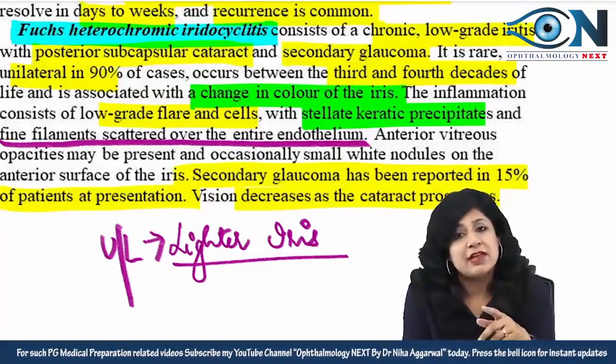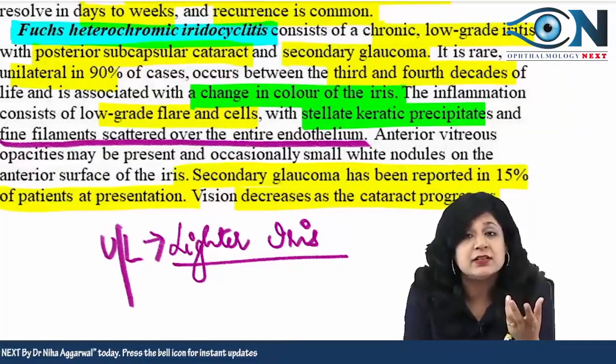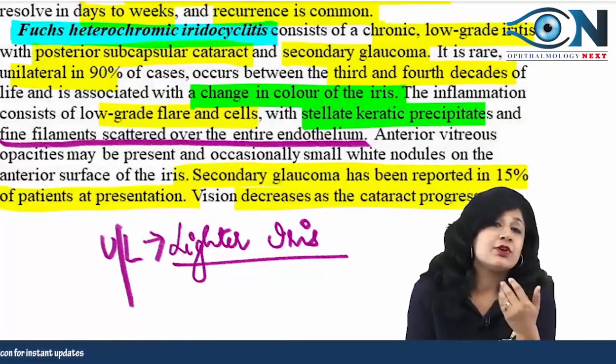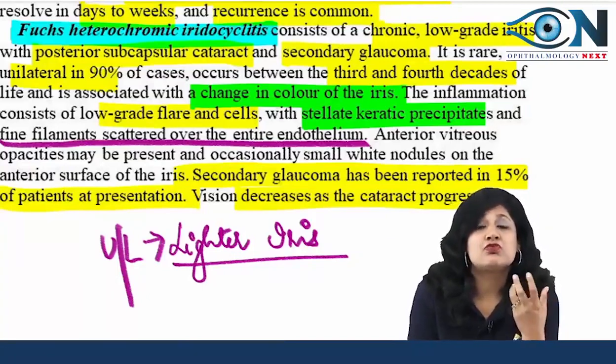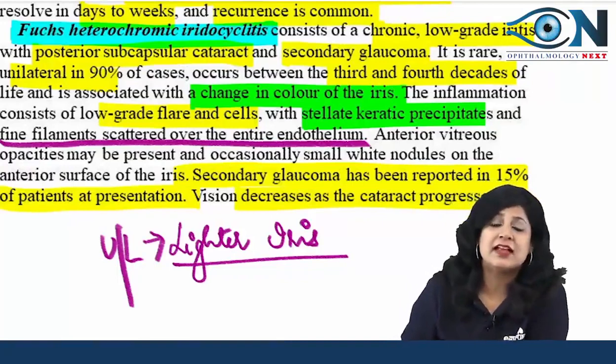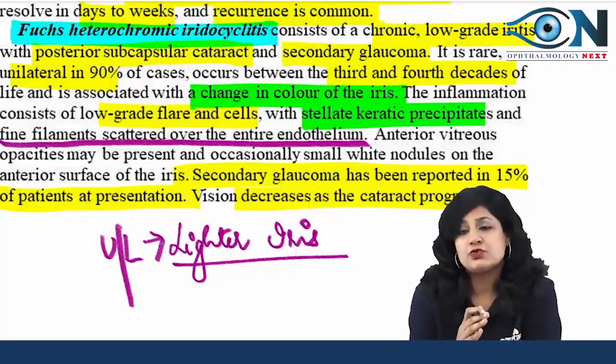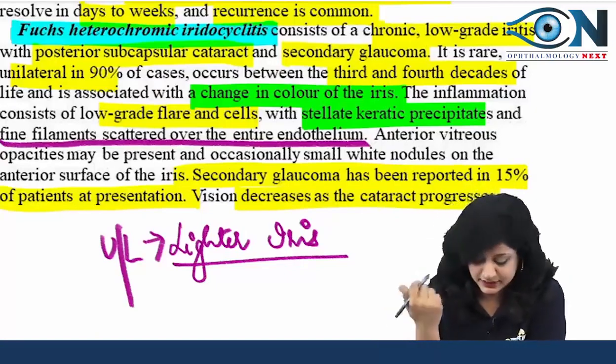Then we also have the absence of posterior synechiae, iris nodule, iris rubeosis, that is neovascularization of the iris, trophic patches. Again, you get a lot of iris signs in these cases, and this is the important thing, how you can differentiate between a Postinflammatory syndrome and Fuchs heterochromic iridocyclitis.